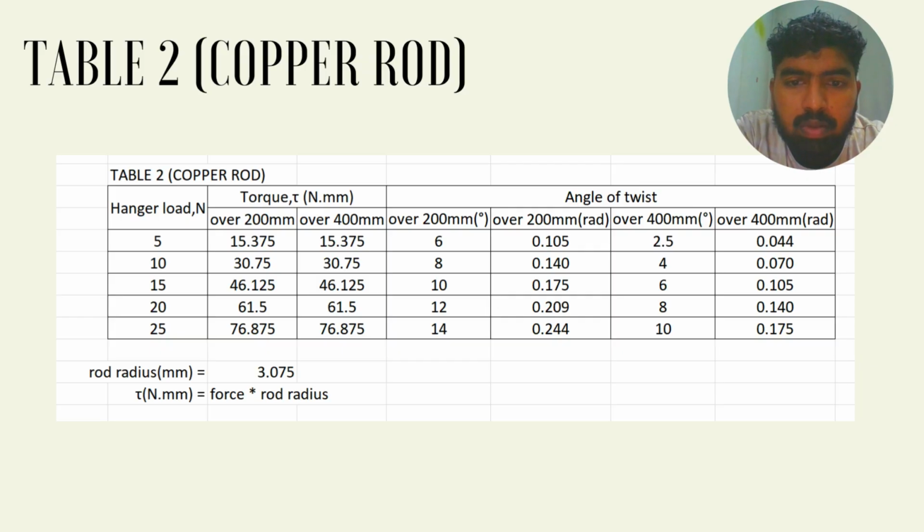For table 2, we've got the copper rod, and the same as table 1, we've got the hanger load, torque and angle of twist. The radius for the copper rod is 3.05 millimeter.